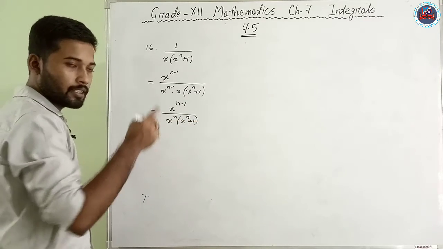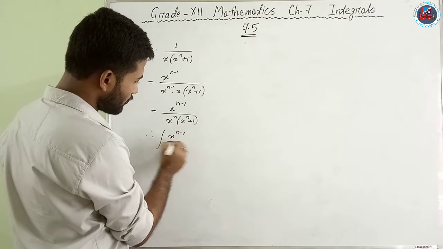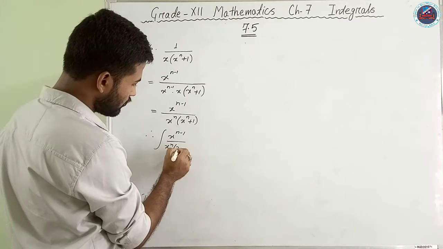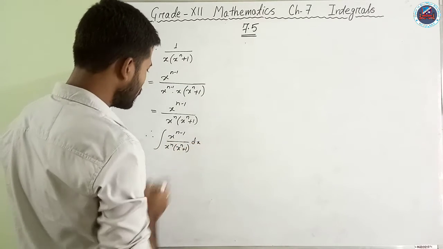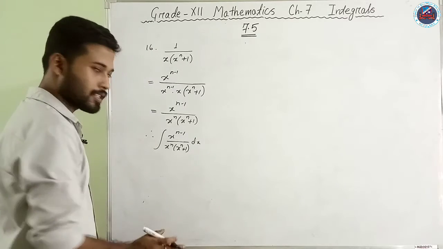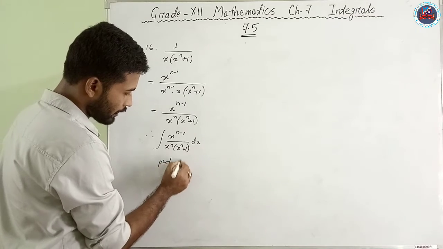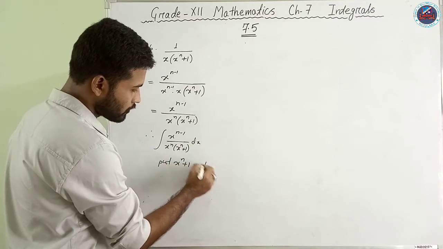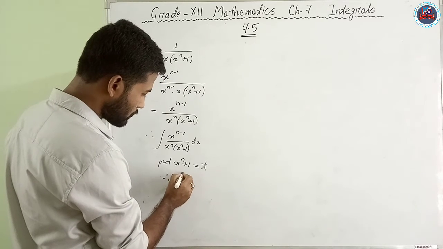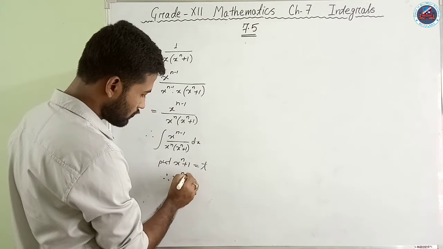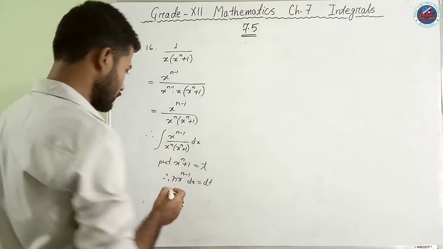Now we need to integrate this function, isn't it? So therefore integration of x to the power n minus 1 divided by x to the power n into x to the power n plus 1 with respect to x. So what we can do? Let us substitute it. Put x to the power n plus 1 is equal to t. Therefore n x to the power n minus 1 dx will be equal to dt, isn't it?